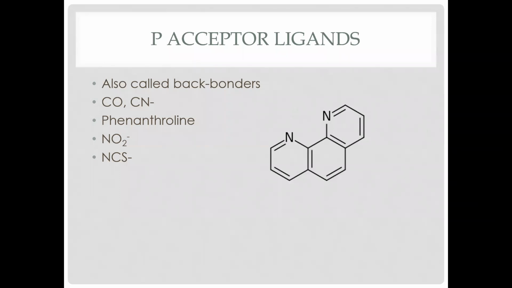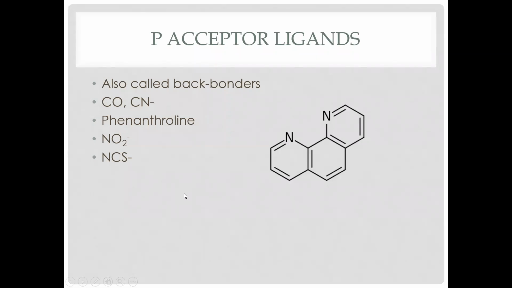If I already had electrons there, then it'd be harder to put the electron density from the metal. This molecule on the right is phenanthrene, and then the nitrite, which those of you in lab have worked with, and then the thiocyanate ion with the nitrogen attachment. These all can serve as pi acceptors, and so they're going to have that big splitting.